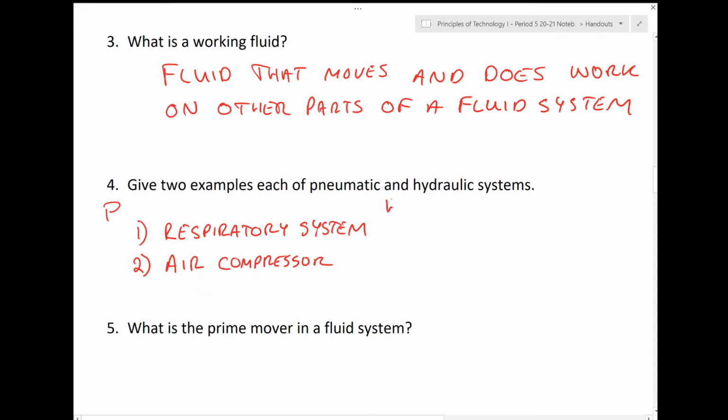For hydraulic systems, the first example that I will give is the body's cardiovascular system. And my second example is going to be household plumbing.